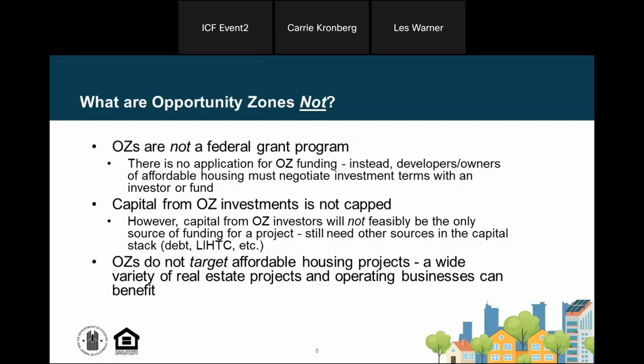As long as there are taxpayers with capital gains, there's a potential source of funds for projects located within an OZ. I did mention that OZs don't specifically target affordable housing projects. There's a wide variety of real estate projects and operating businesses that can benefit, but affordable housing does qualify as one of those economic investments.